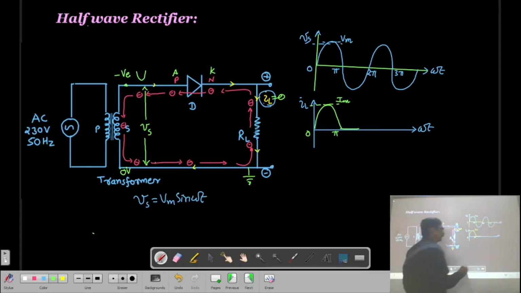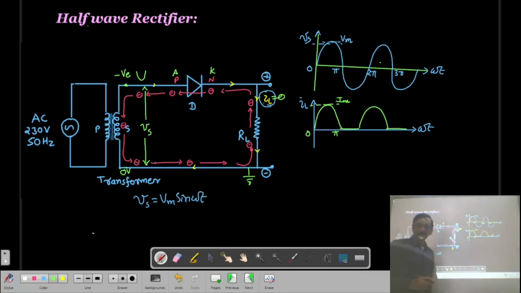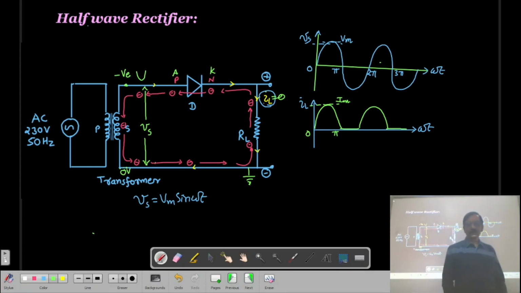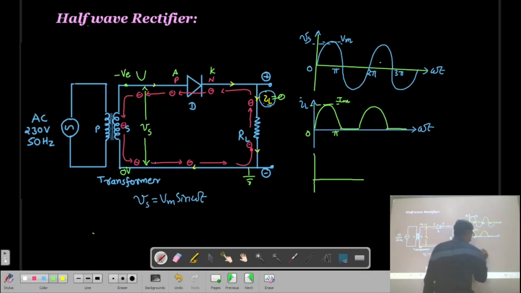Again, when the positive cycle comes, the diode will be in forward bias and you will get the current, then no current will be there. So, in this way, the load current is flowing in the load resistance RL. If we see what will be the waveform for the output voltage, then the output voltage waveform will be identical to the load current.